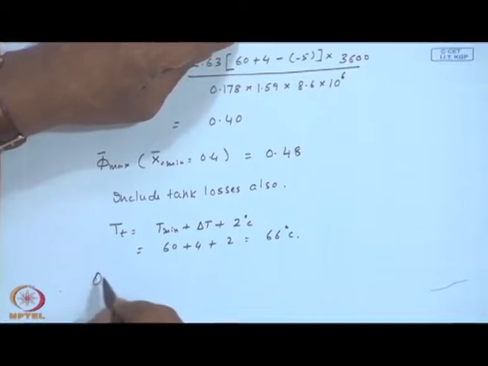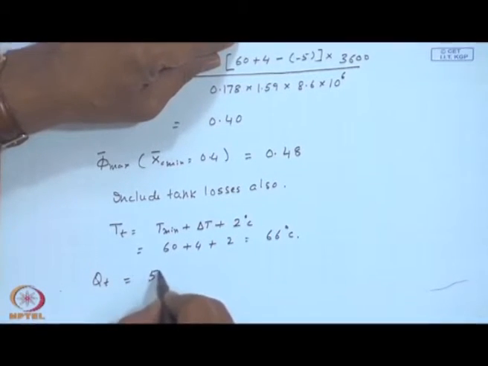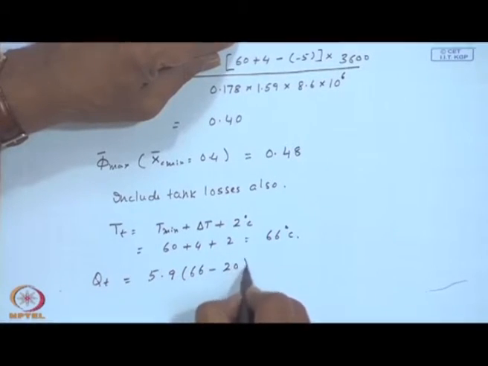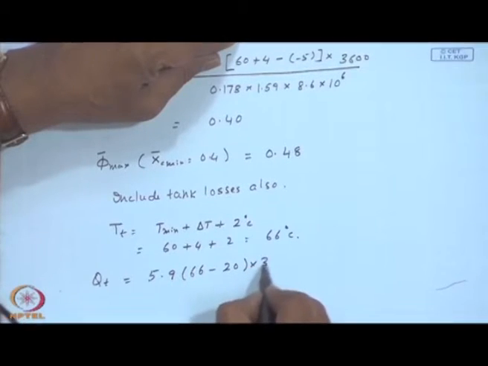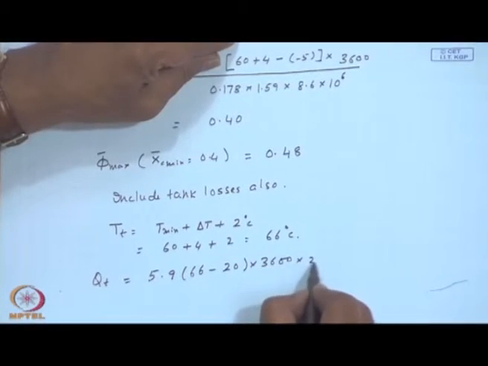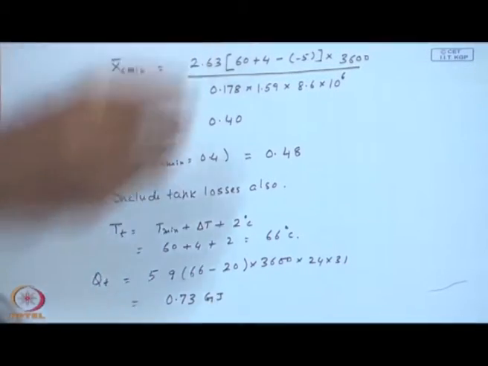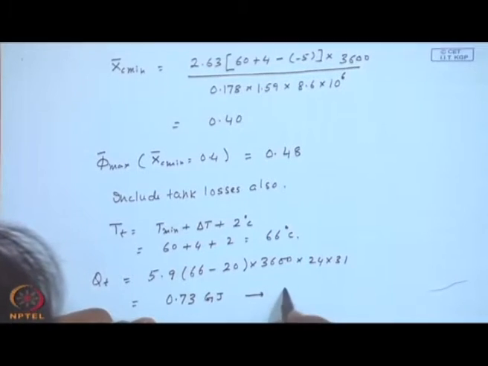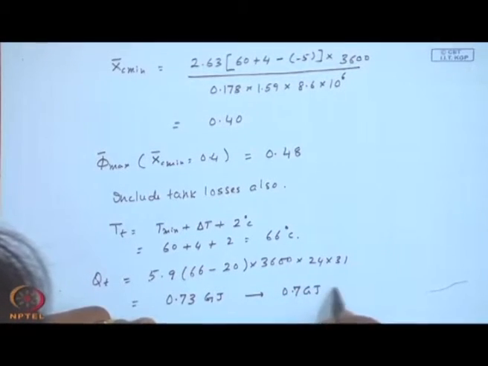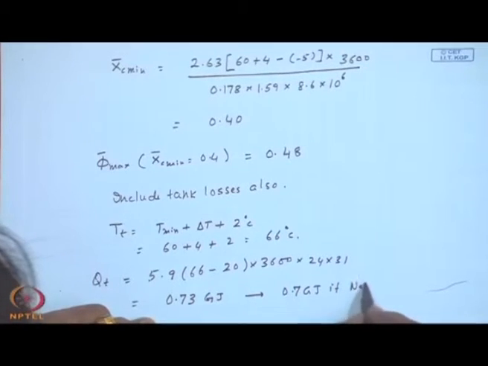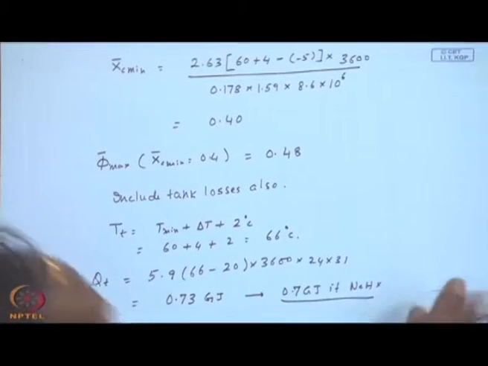So, Q tank loss from the tank now will be slightly different from the previous calculation: 5.9 times 66 minus 20 times 3600 into 24 into 31, that is, it will be in joules, a large number, and this is equal to 0.73 gigajoules. We got earlier 0.7 gigajoules with no heat exchanger.